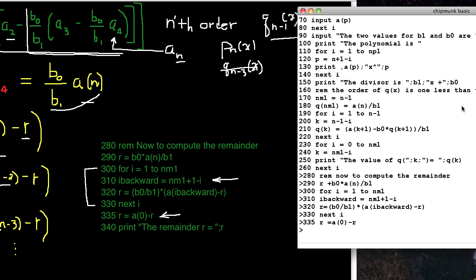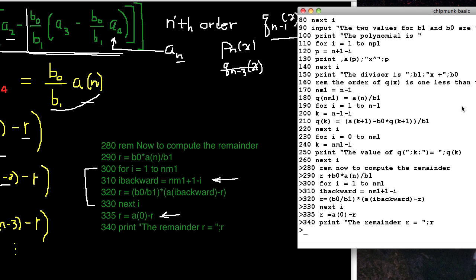And then I put 340 print the remainder R equals, semicolon R. Okay.